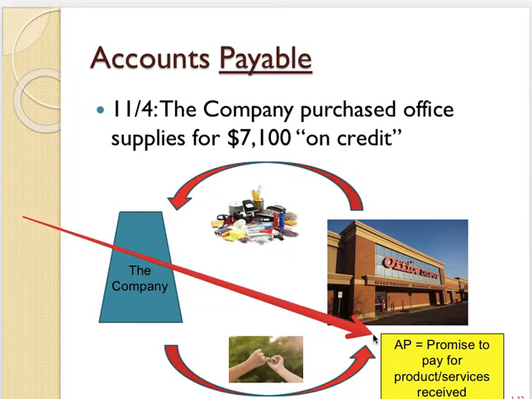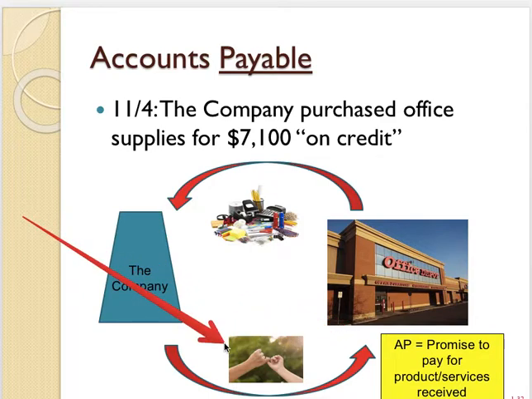And we call that promise AP from the point of view of the company because we're going to be paying the cash in the future. So let's take a look at that from the transaction analysis with the accounting equation.